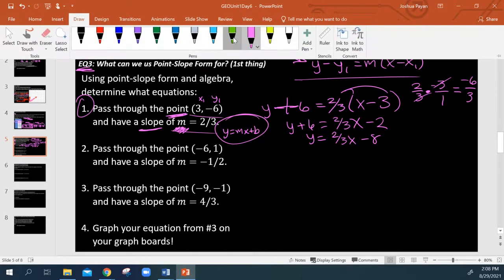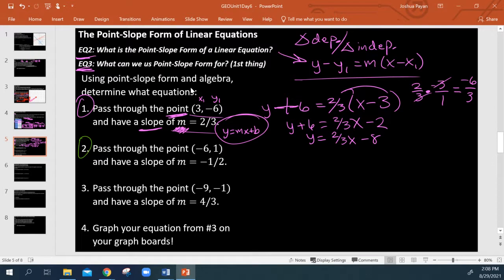Okay, example 2. Same idea here. x1, y1. y minus y1 is equal to m times x minus x1. Okay, and we've got a double negative here, so we're going to call that a plus 6. Okay, so I'm going to distribute. So I'm going to have negative half x minus 3, right?